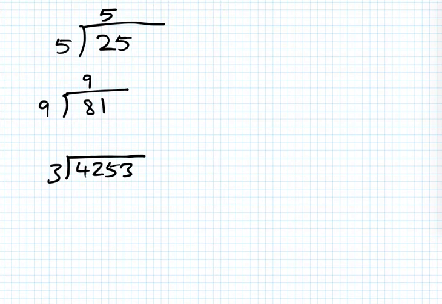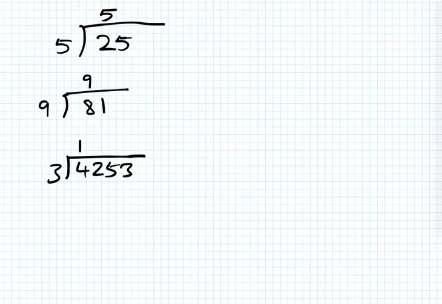So we say our 3 times tables until we get to a number that is equal to 4, or less than 4, or as close as possible to 4. So for example, 1 times 3 is 3, 2 times 3 is 6. We can't use 6 because that's greater than 4, and the closest number in your 3 times table to 4 would be 1.